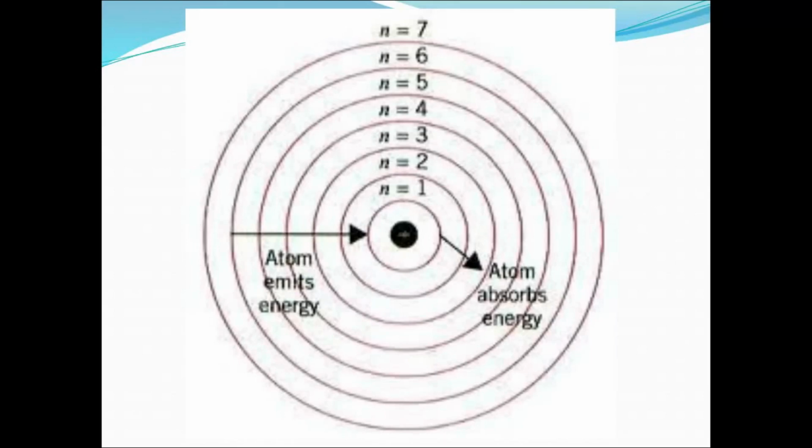And then if we look at how many orbitals, so if we're in n equals 3, within this third ring, we can have n squared, or 9 possible orbitals, or possible areas. And then how many electrons? 2n squared, so 18 possible electrons in that third area.